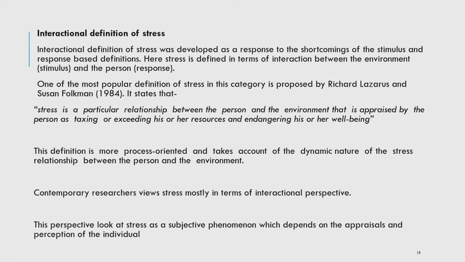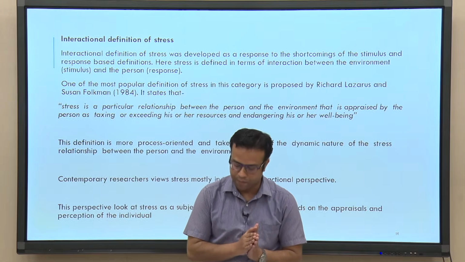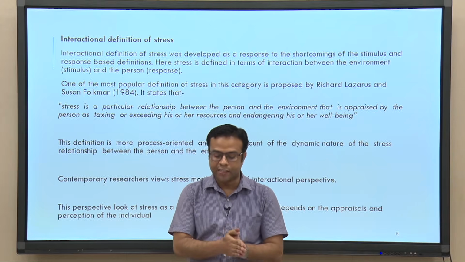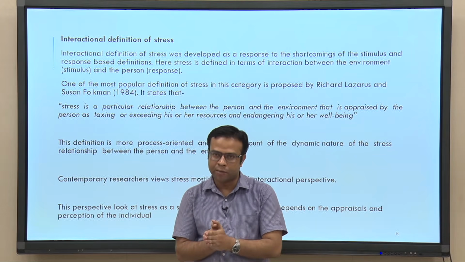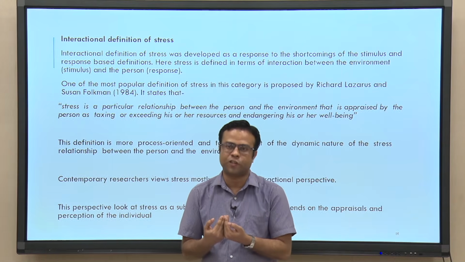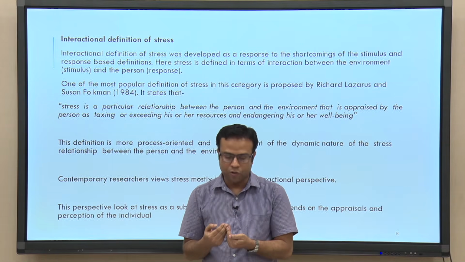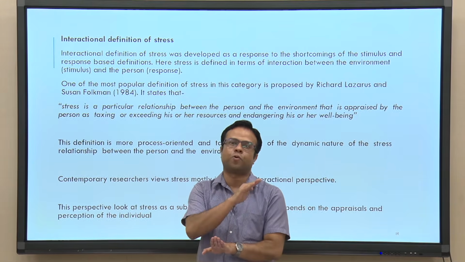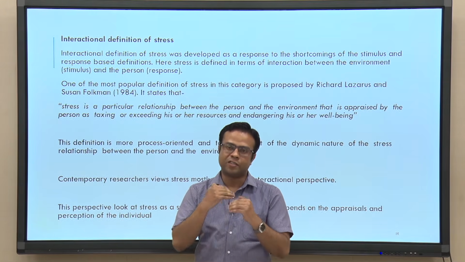So the basic idea is that stress is seen as an interaction between the person and the environment, and when the person interprets the situation as taxing, or as something he will not be able to deal with, then stress is the response that results from this interaction.